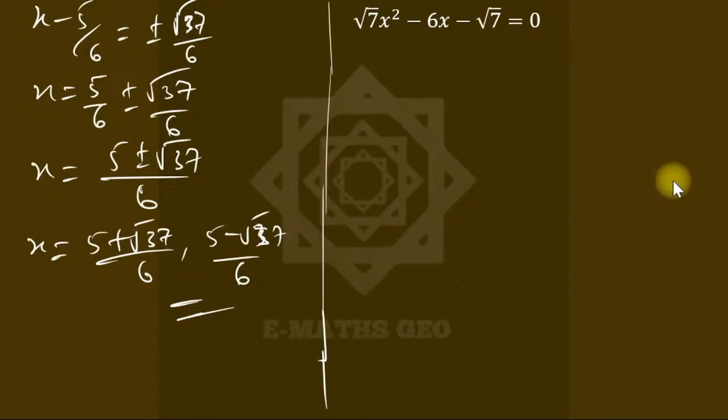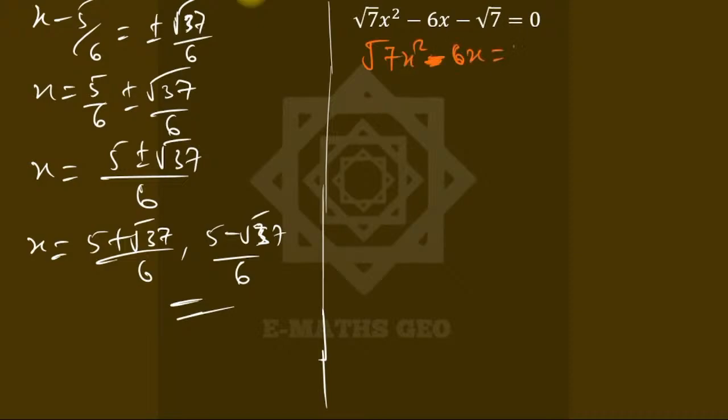So the second one, the same procedure. So we move that to the other side to be positive 7. So now divide by root 7. Root 7 over root 7 is 1.